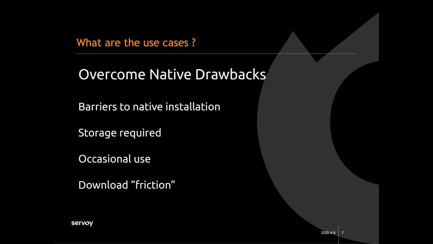Another use case is there are some drawbacks to fully native applications. I should point out for people that might be new to Servoy's mobile strategy that there's another way to offer your applications, which is with more of a hybrid approach, where there really are binaries on the device, but there are barriers to that.